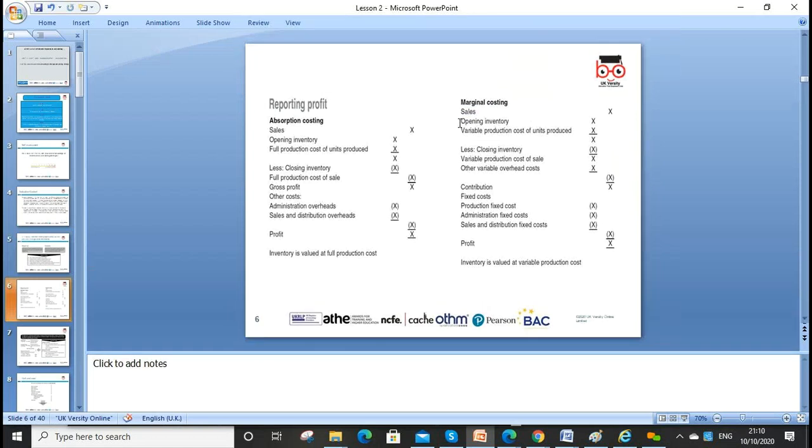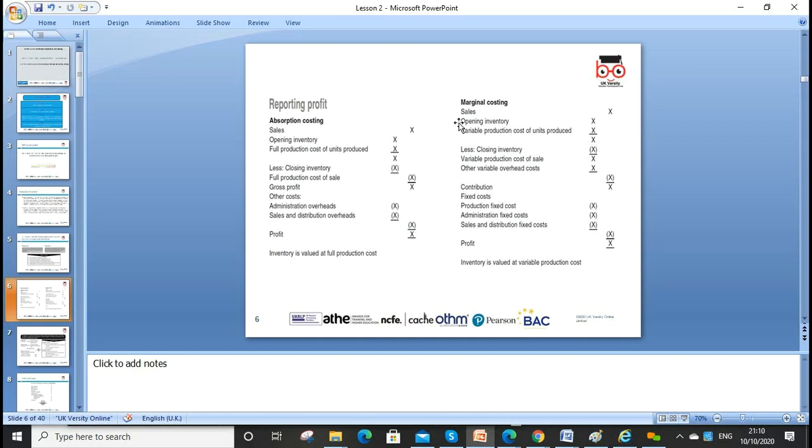Then we have another method called absorption costing. Absorption costing, also known as full cost, is where both the fixed and variable costs are absorbed into the product. Under absorption costing, we have sales, opening inventory, full cost of one unit produced, and less closing inventory, full cost of the sales, and that's how we find gross profit.